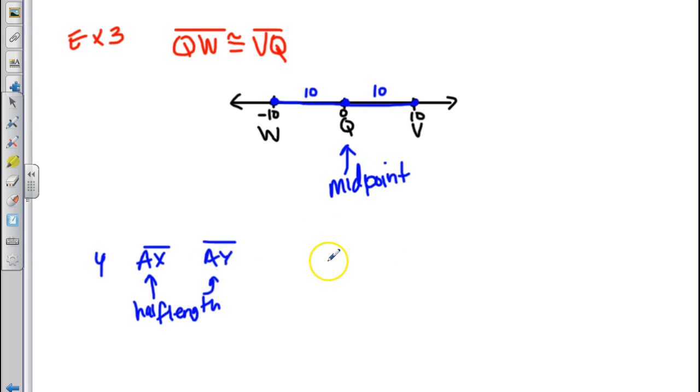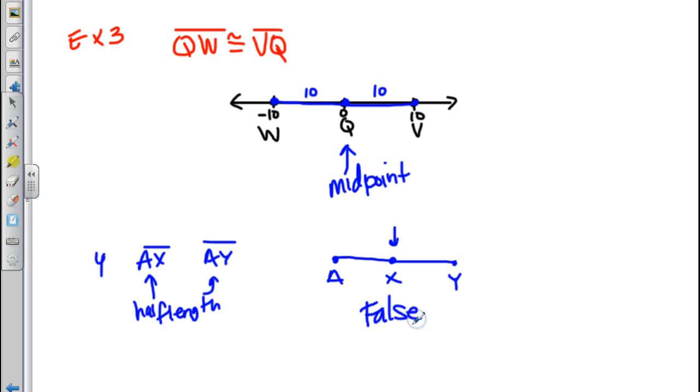If AX is half the length of AY, then A is the midpoint of AY. Is that true? AX is half the length of AY. That makes X the midpoint, doesn't it? All right, so that would be false.